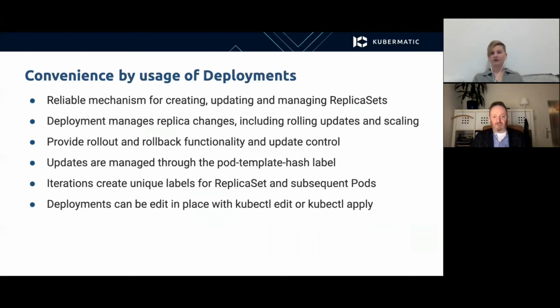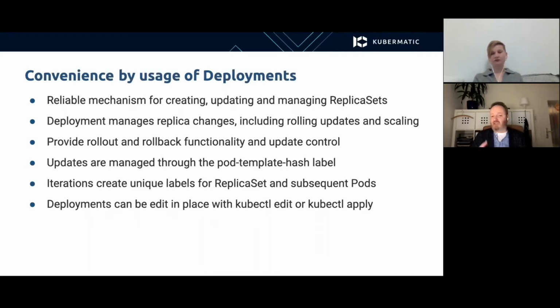They also handle this whole updating and scaling by far more conveniently. They provide rollout and rollback functionality and update control. So that's more of a daily kind of job, how you work with those kinds of pods in a typical scalable modern environment.